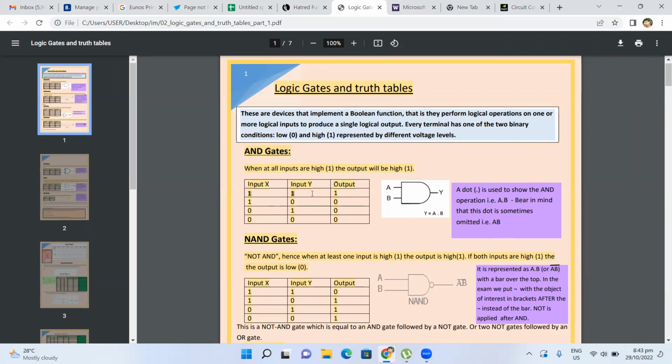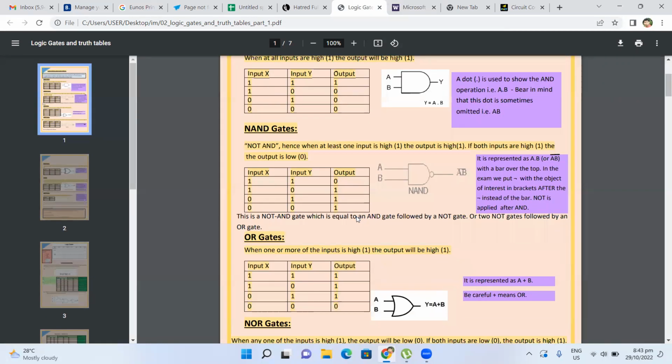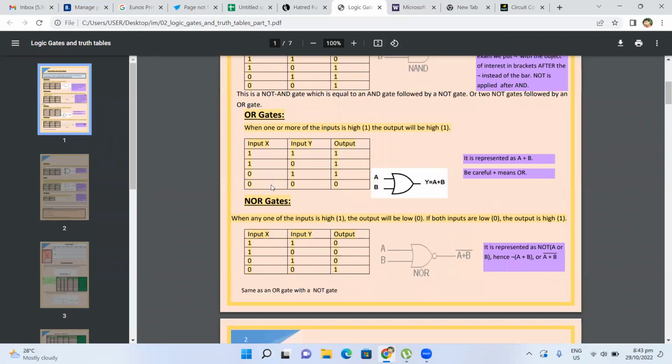If both are 1, the output is 1, otherwise 0. And OR logic: if both are 0, output is 0, otherwise 1. That is the OR logic, and this is the gate, and we denote that using plus. Actually, this is called Boolean algebra. Boolean, A or B, A plus B. This is called Boolean algebra.